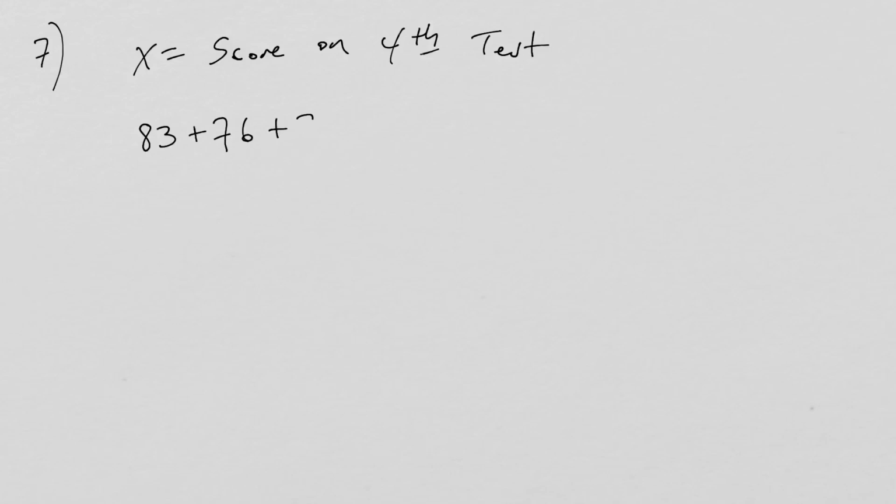Okay, for number 7, we'll say x equals the score on the 4th test. And we're going to add up all 4 scores, which are 83, 76, and 79, and this missing score. And to find an average, we'll divide all of those by the total number of scores, and that has to be at least, which means greater than or equal to 80.